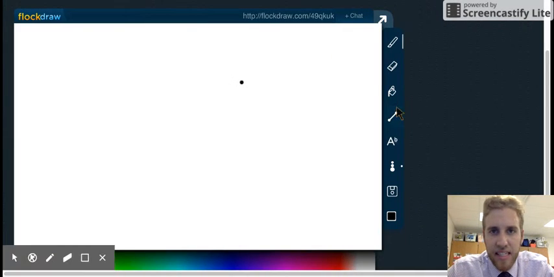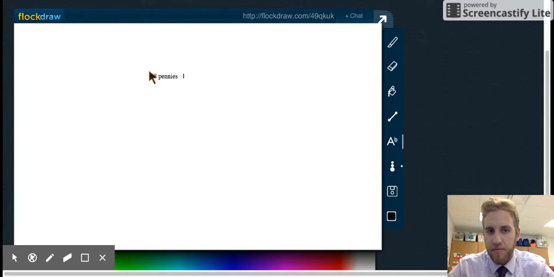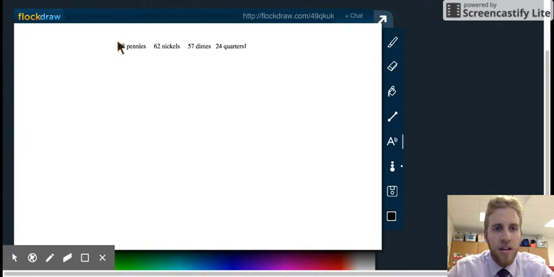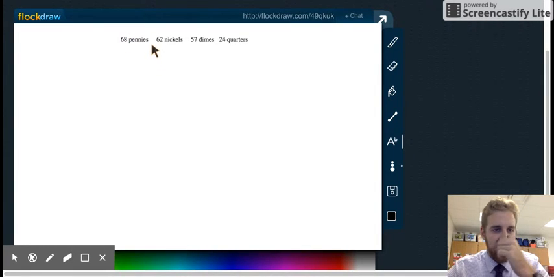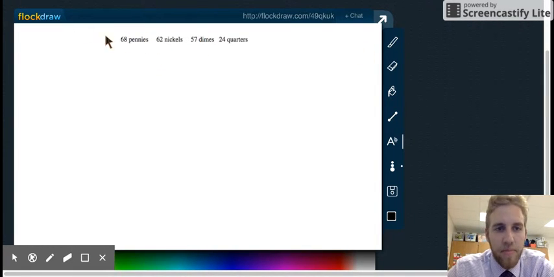I can see when we look back at our tally chart, we noticed that there were 68 pennies to start. There were 62 nickels. There were 57 dimes. And there were 24 quarters. And what we need to do here is take away 10 from each because she's going to donate 10. 10 pennies, 10 nickels, 10 dimes, and 10 quarters.